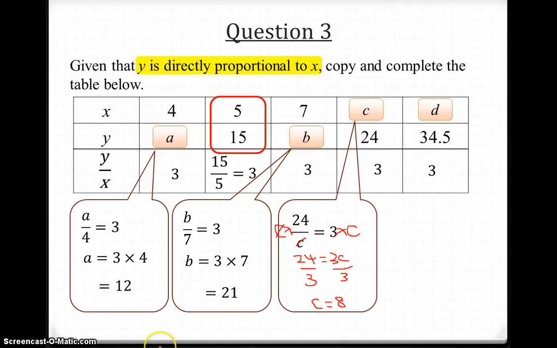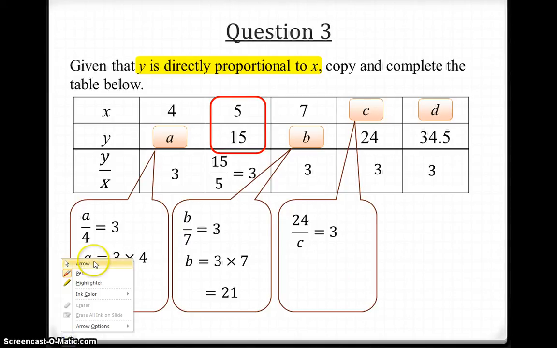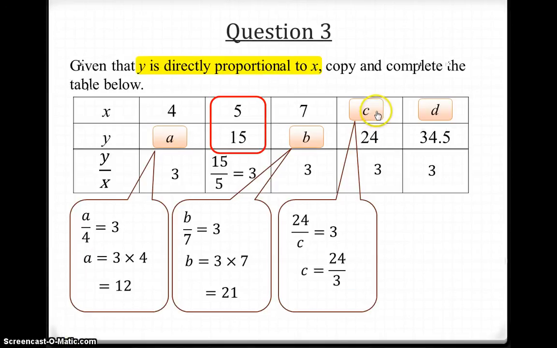Okay? Let me clear away the ink. If you want to see this ink, you can pause the video now and copy it down if you want. Okay, so a more straightforward way, you just write c is equal to 24 divided by 3 and it's equal to 8.